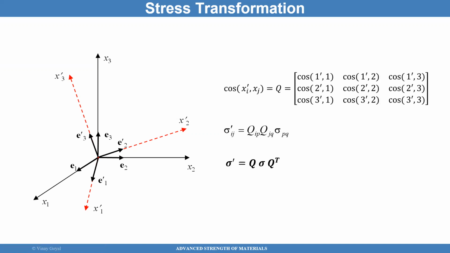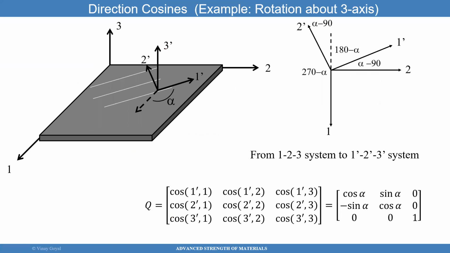Now, why is this useful? Let me give you an example where this is actually quite useful, okay? This is going to make sense to you when I explain it. One of the reasons that these calculations are useful is, for example, in the prediction of failure of composite materials.